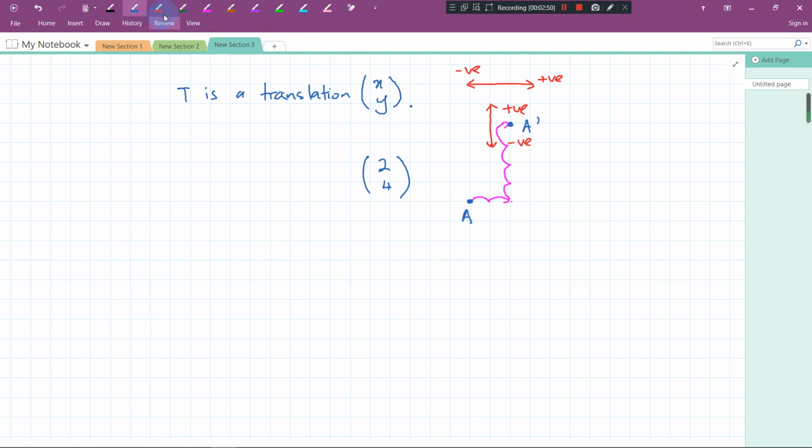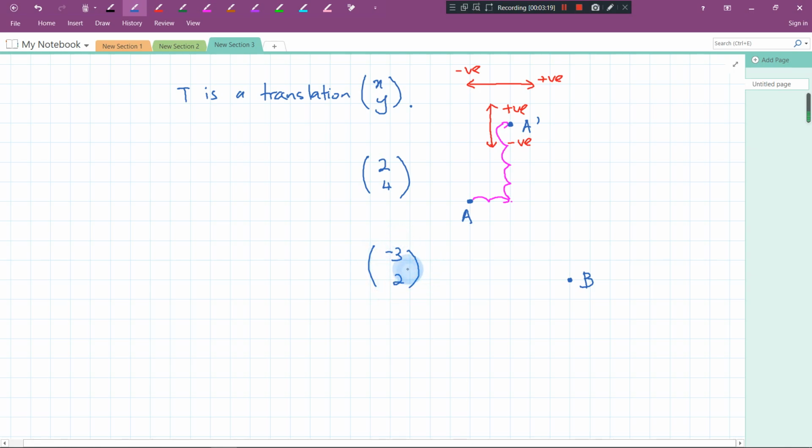Let's try a few more examples. Let's say I have (-3, 2). I have an object over here, let it be B. I'm going to draw the image of B under this translation.